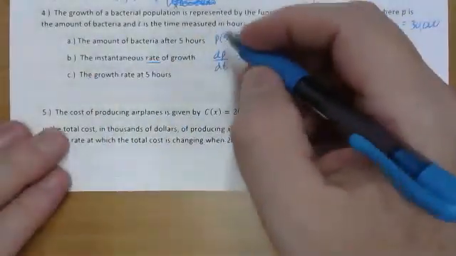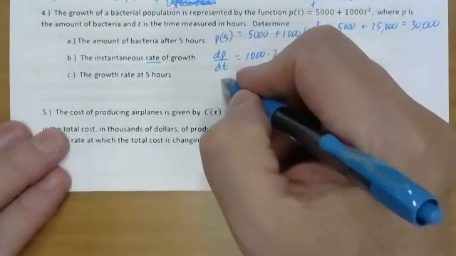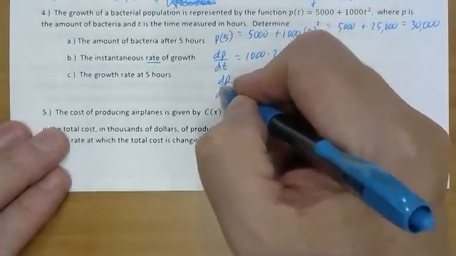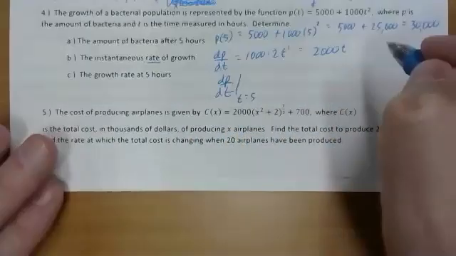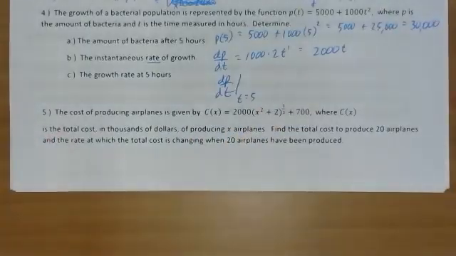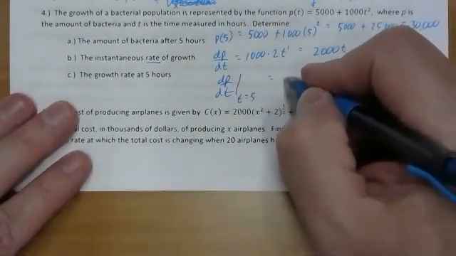And then the third part, now they want to know what that growth rate is when t is 5 hours. So basically, you want to take the derivative and plug in t equals 5.